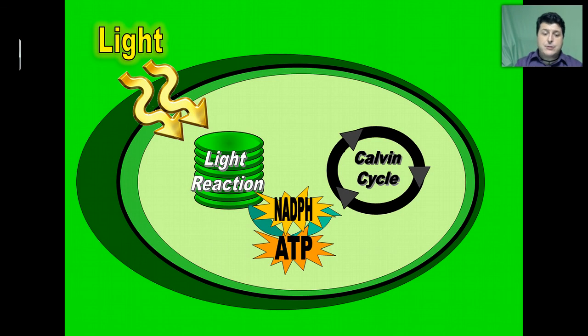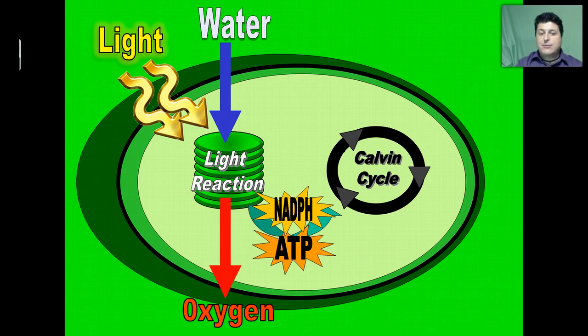To replace those electrons that were transferred on, we're going to split some water by photolysis, and that's going to result in our production of oxygen. So at this point, we've taken our light energy and stored it temporarily as chemical energy as NADPH and ATP. So you might be wondering, well, why don't we just stop here?